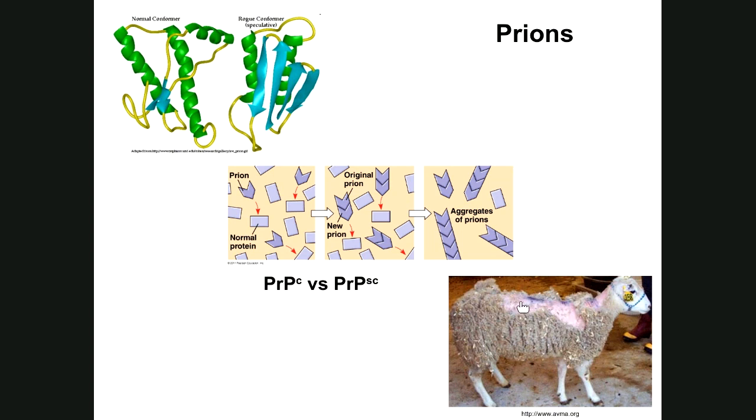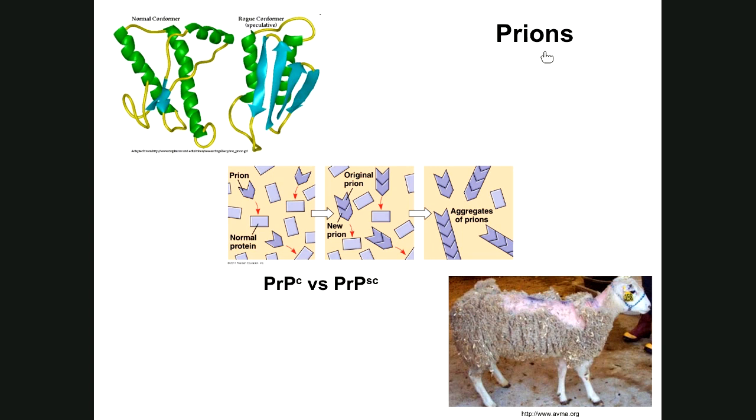Or there were cows that started acting weird, might drop their head down, kind of swayed left to right, or human beings that seemed like they were displaying some type of neurological disorder, but it wasn't Alzheimer's, it wasn't MS, it wasn't Parkinson's, it wasn't schizophrenia. Eventually they figured out there's actually an infectious agent that's smaller than a virus, much, much smaller than a virus. They call these prions or prion proteins.